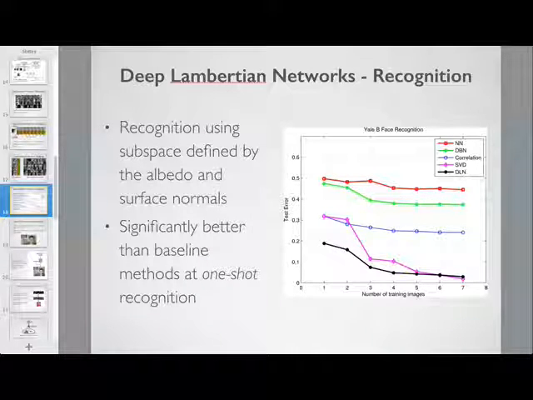However, we can first remove these lighting variations and compare distances and perform recognition tasks in a much better collapsed space that's invariant to lighting, and that's the reason we get good performance.